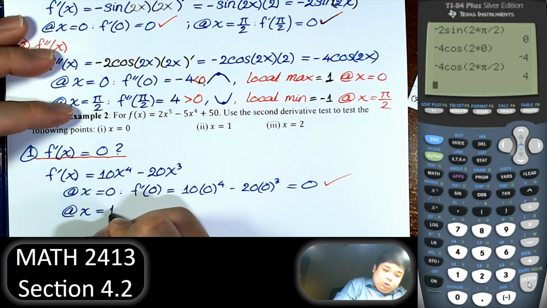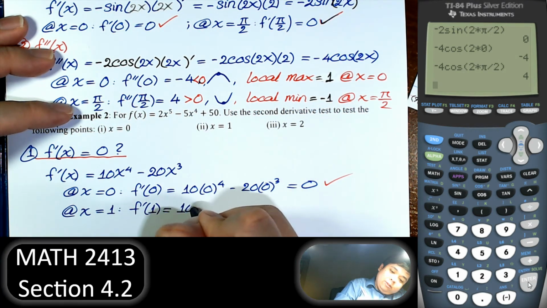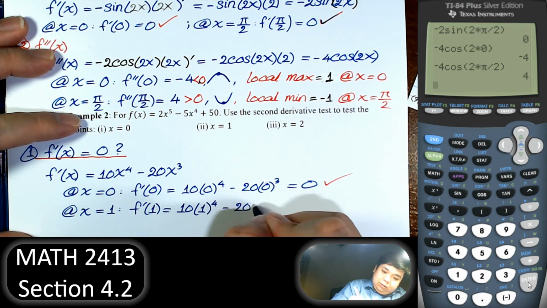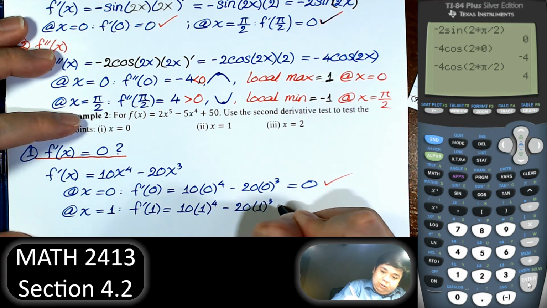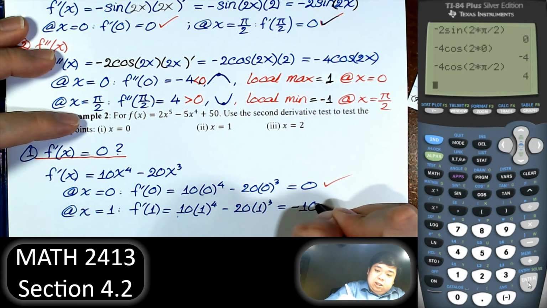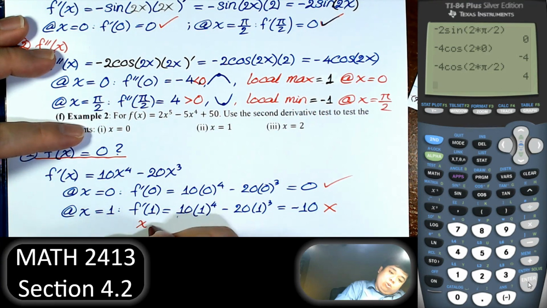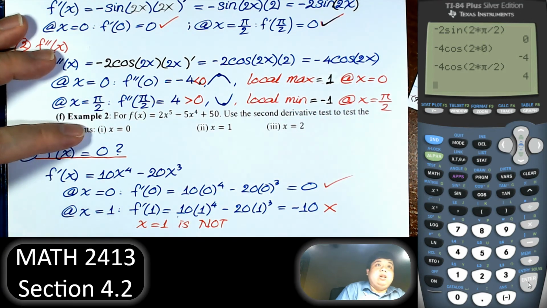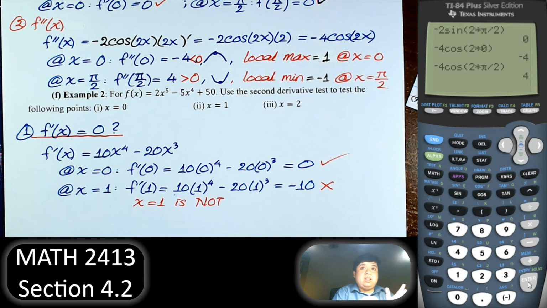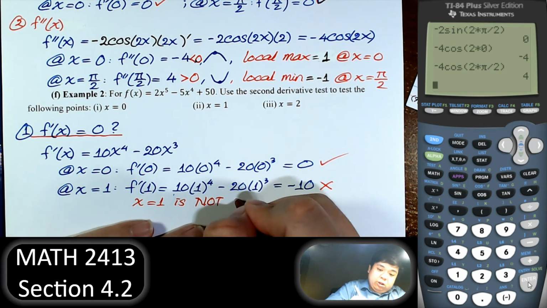How about when x equals 1, derivative at 1? 10 minus 20, that's minus 10. So that is not good. So x equals 1 is not a critical point. If the first derivative is not equal to 0, it is not a critical point.